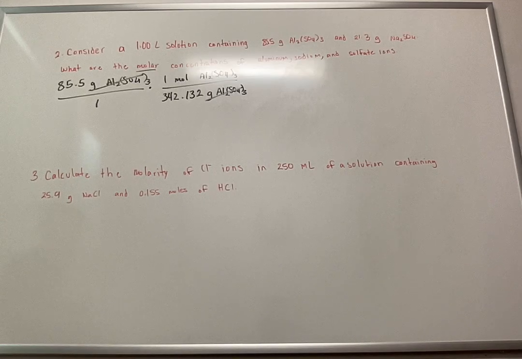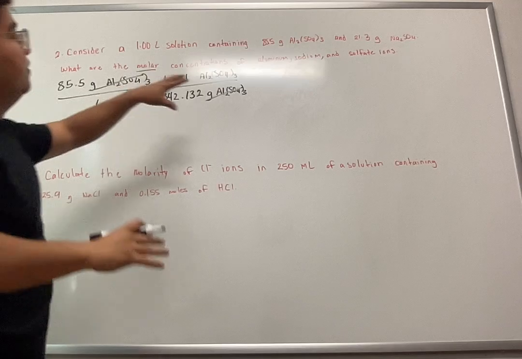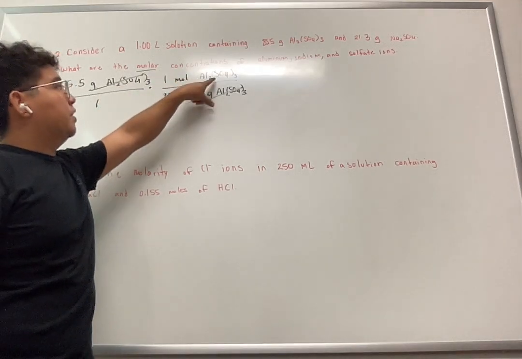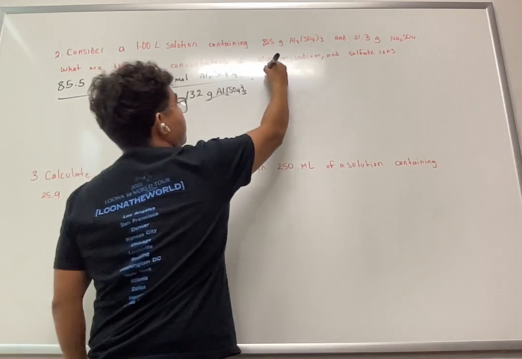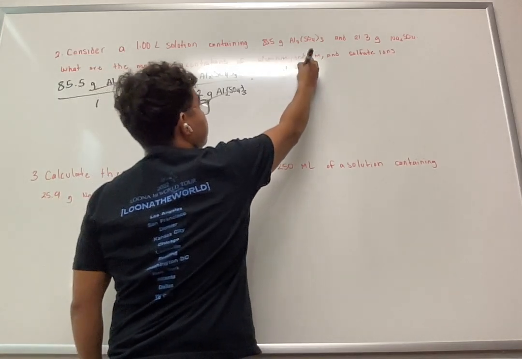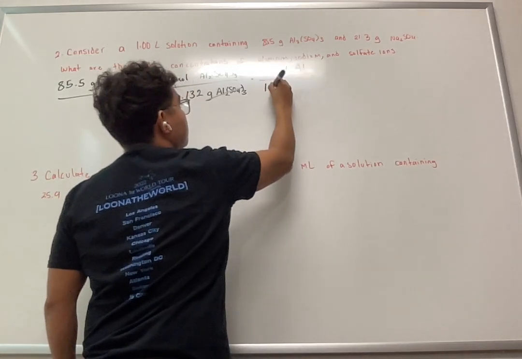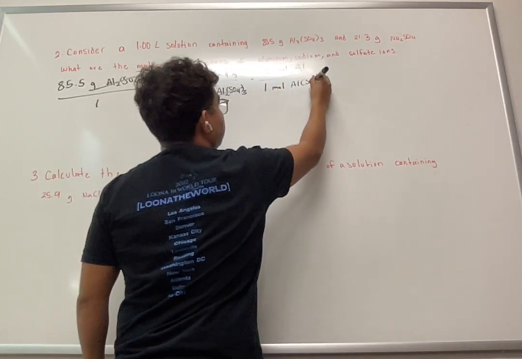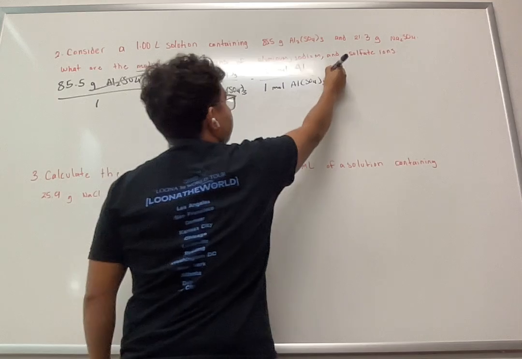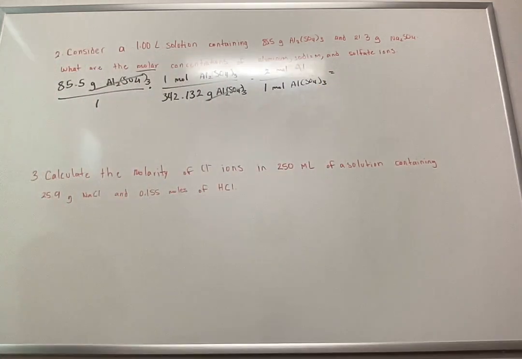Now, remember, we are trying to find specifically the moles of aluminum. So in Al2(SO4)3, we've got 2 aluminums. So we got 2 moles of aluminum for every 1 mole of aluminum sulfate. So that's going to give us our moles of aluminum.